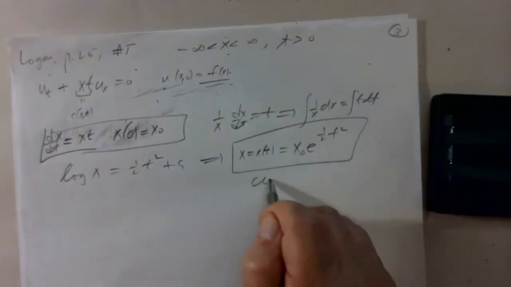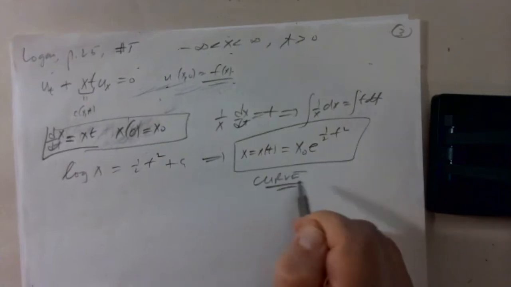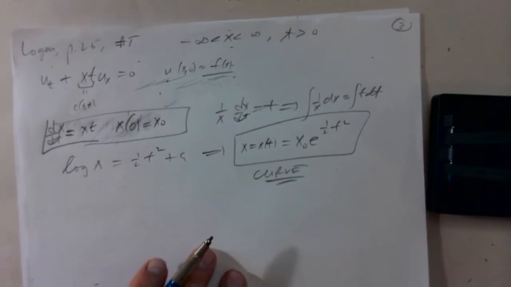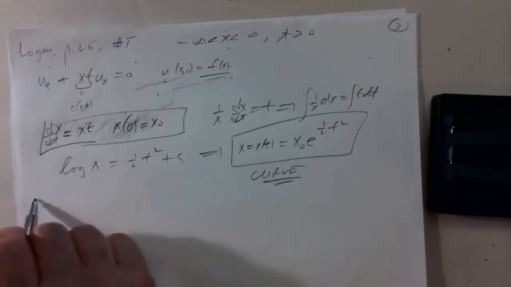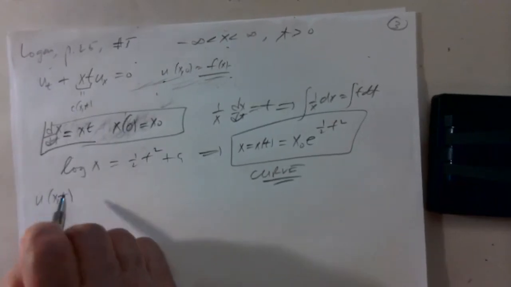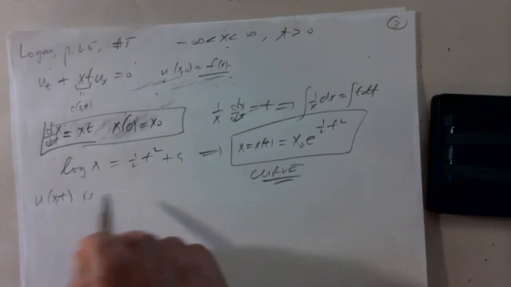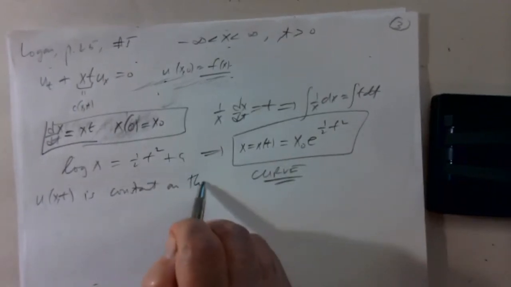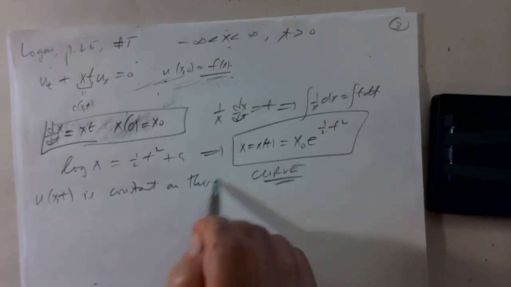So this is some curve. And what I claim is that u of x, t is constant on this curve.